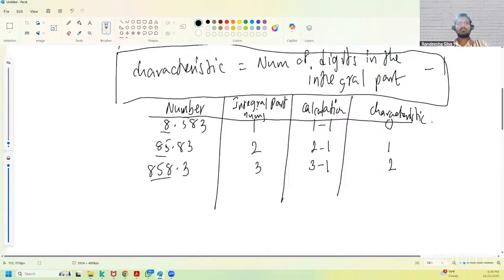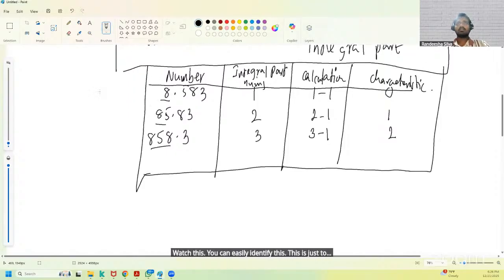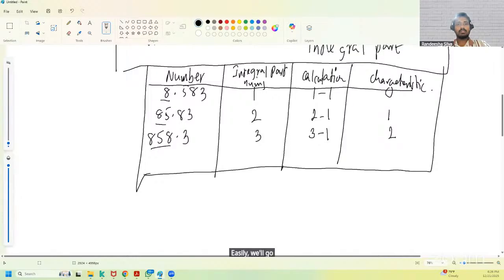So this is for your understanding. If you watch this, you can easily identify it. This is just to get the power of 10. Then easily we'll go for the mantissa as well.